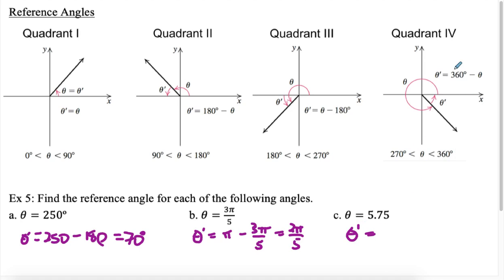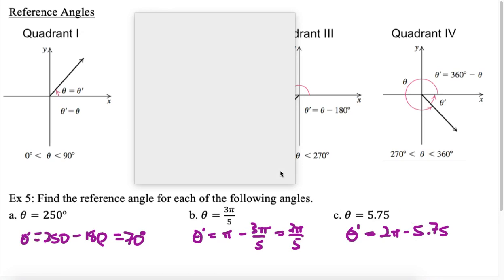If we're in quadrant 4, to find the reference angle, we want to take 360, or if we're talking about radians, 360 is 2 pi. So 2 pi minus 5.75. We would actually use our calculator for that. 2 pi, again, is about 6.28, but we can just plug that into the calculator here.